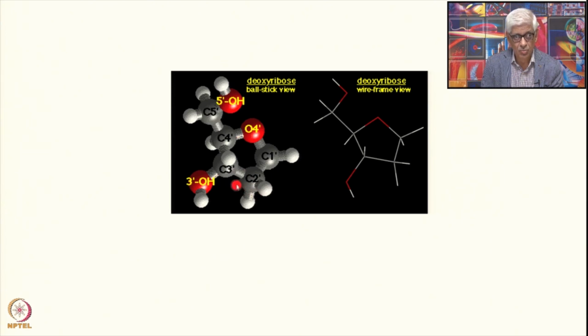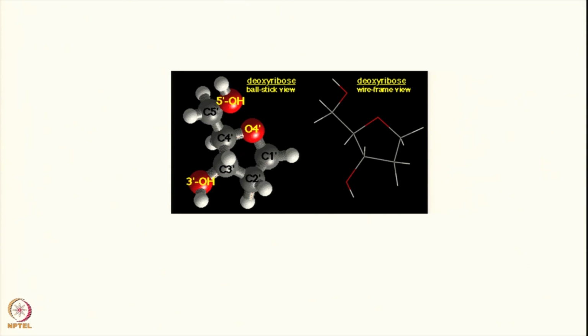The C1 prime is connected to this oxygen, and this C4 is also connected to this oxygen, and C1 prime is connected to the base, from here the base goes. Then the C3 prime is connected to an oxygen. In the case of RNA there is a small difference: the 2 prime position also has an oxygen.